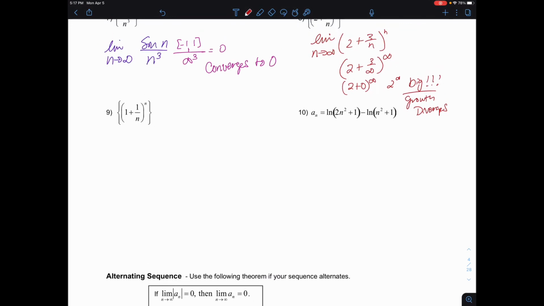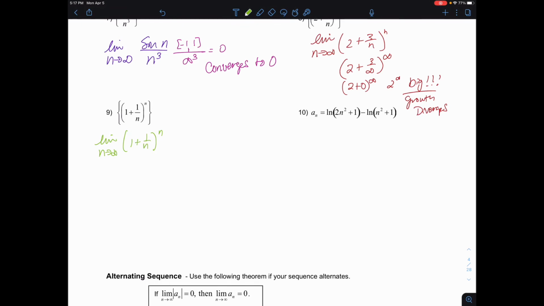How about number 9? Let's take the limit as n goes to infinity of 1 plus 1 over n to the nth power. Well, this one is a little different maybe.